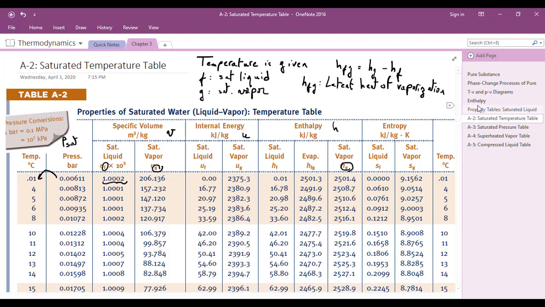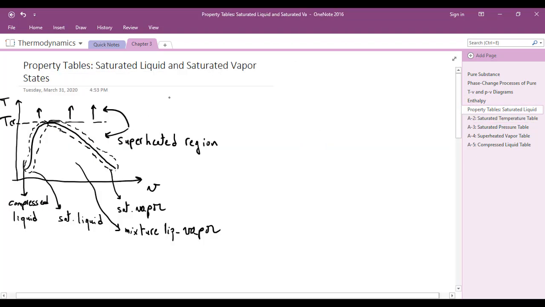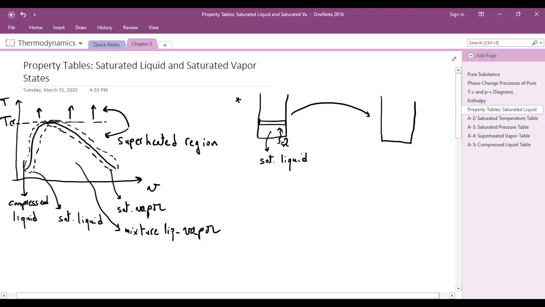So if we want to talk about the latent heat of vaporization, Hfg, let's do an experiment where we have water, for example, initially at a saturated liquid state, and heat is added until all the water is converted to saturated vapor state.